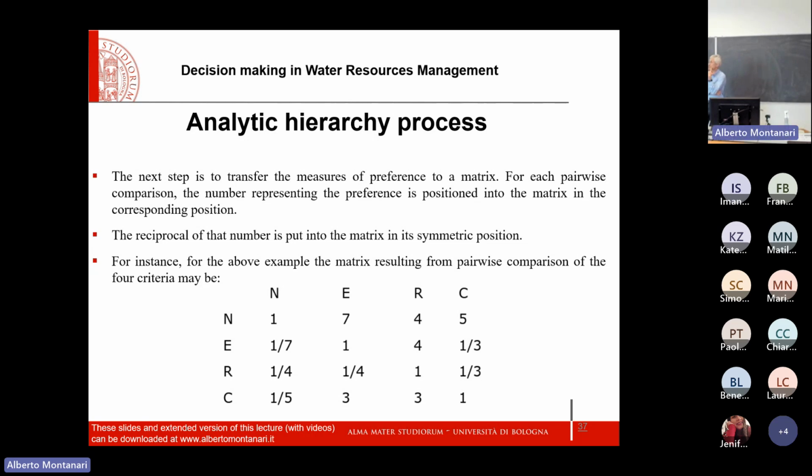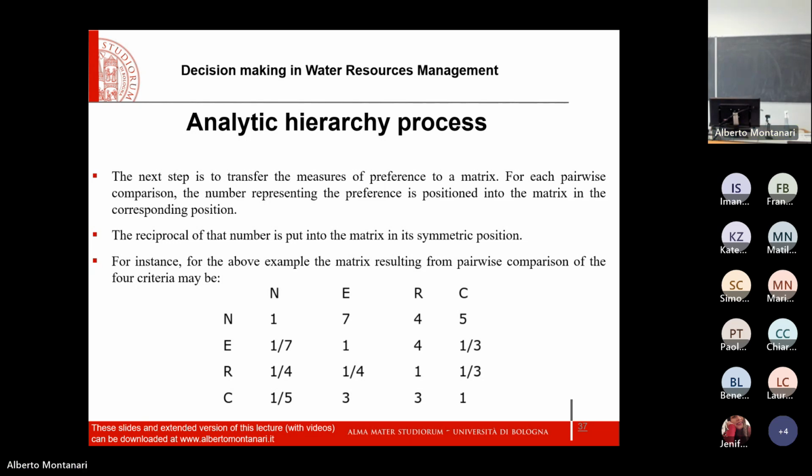I tell you what my concern is, and then let's see if it's the same concern. My concern is that if I just carry out this sequence of comparisons arbitrarily, I may identify, for instance, that the net benefit with respect to the environmental impact has an importance of 7.